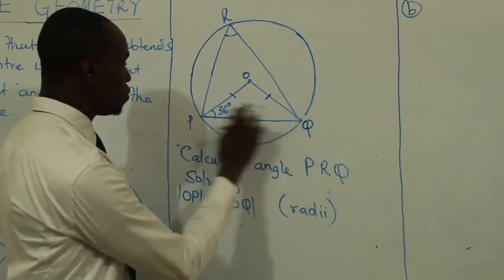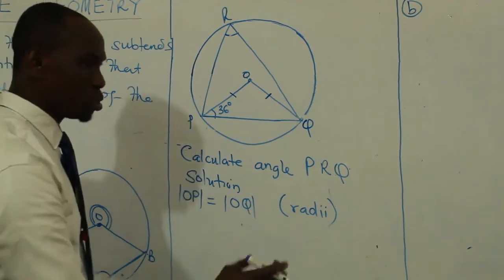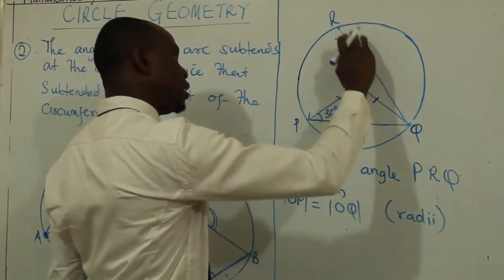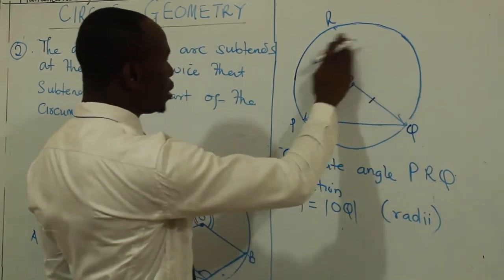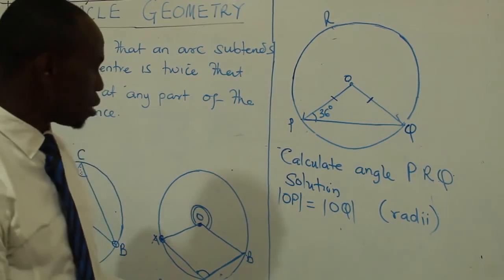The base angles of an isosceles triangle are equal. Most people will not see it because I have another triangle here. We can easily eliminate these lines from our mind, then we can see the triangle.